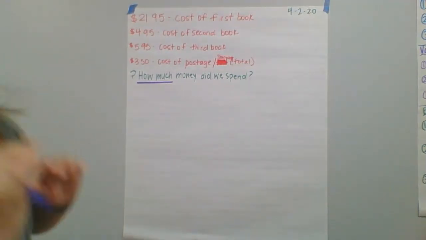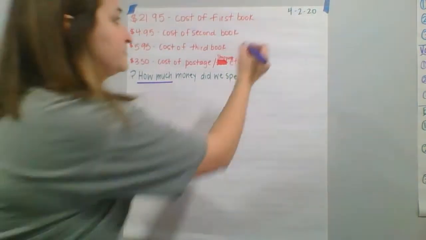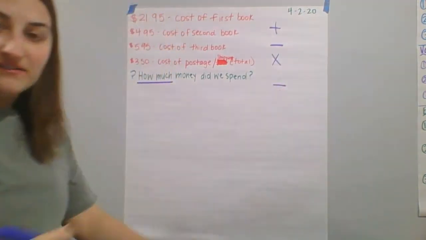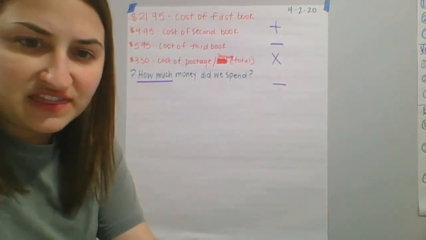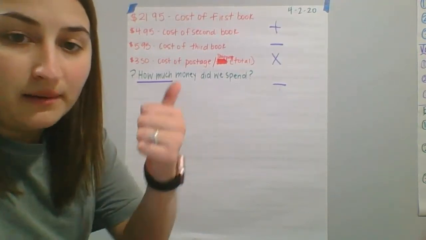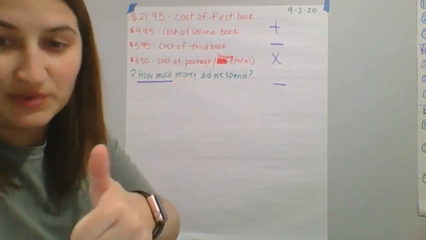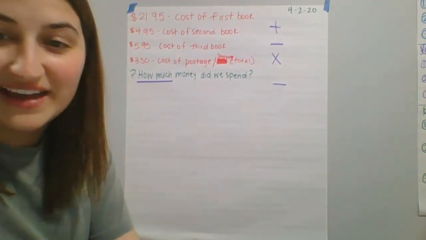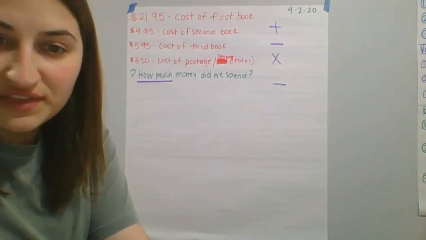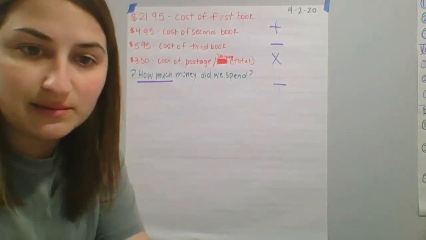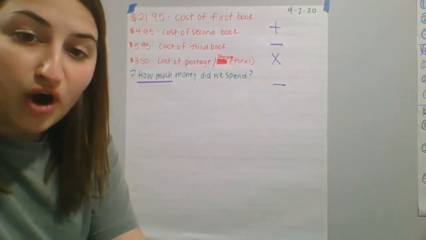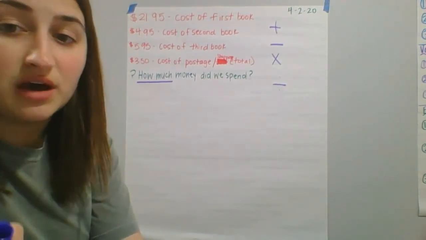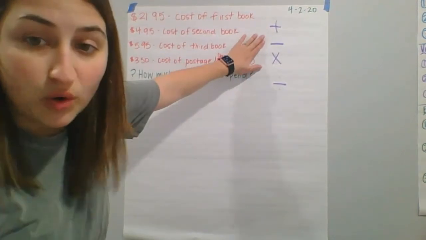So thinking about our 4 operations, I want you to think, we have books that cost money, and we have postage that costs money, so our unit is money. So our unit is the same. We have the same unit for all 4 of our quantities. So if our unit is the same, we know that we can do either addition or subtraction.